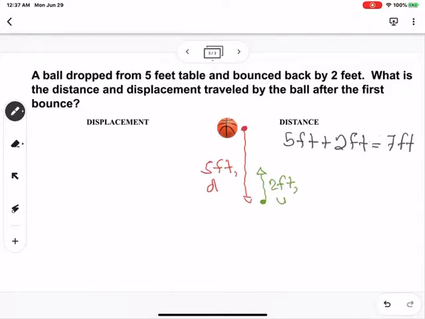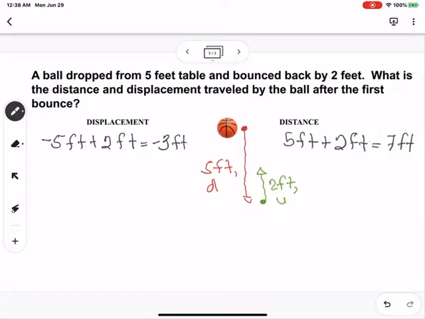Displacement is a vector quantity. So let's represent 5 feet down. Using the number line, your 5 feet will be negative 5 feet. And then your 2 feet up, using the number line, would be positive 2 feet. So adding negative 5 feet plus 2 feet will give you negative 3 feet.